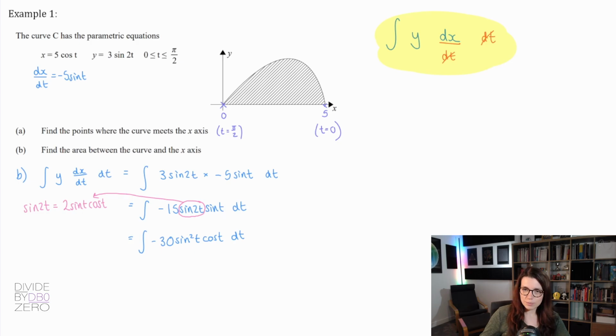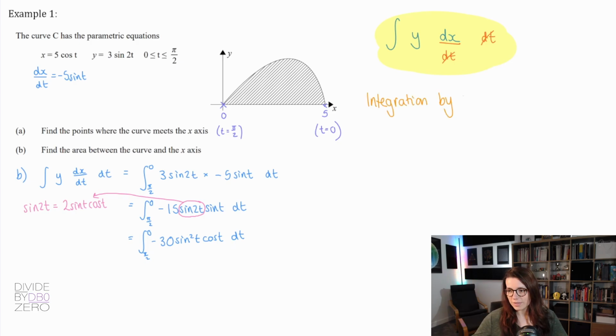Now, once I get to this point, I'd probably go back and think about the limits. As you can see, at this point, we're integrating with respect to t. So that means we want to use the t limits. The x limits were 0 and 5, but the t limits were pi over 2 and 0 in that order. Looking at this integral we need to do, probably the best way to do it is with an integration by substitution.